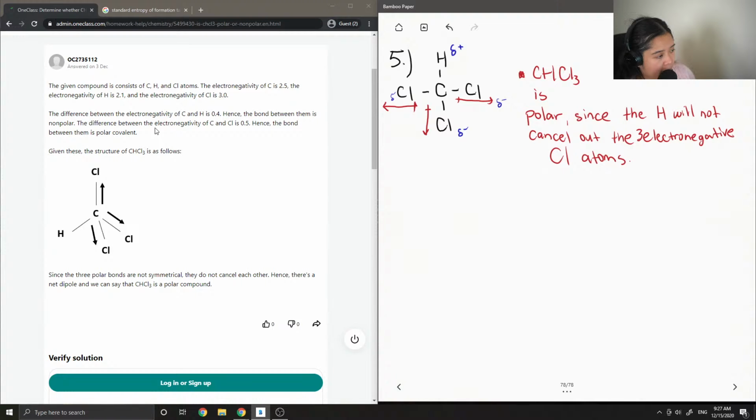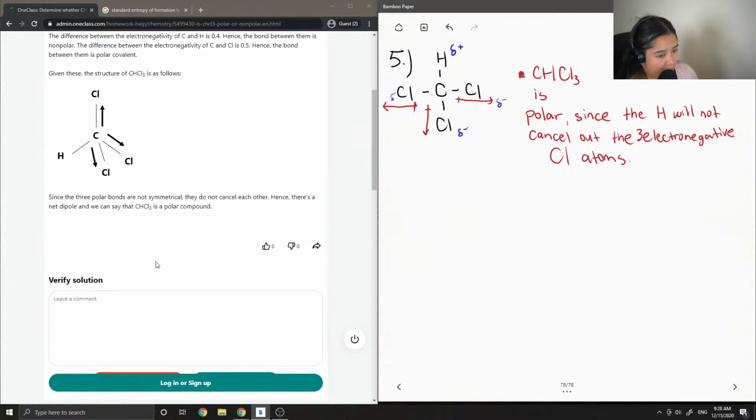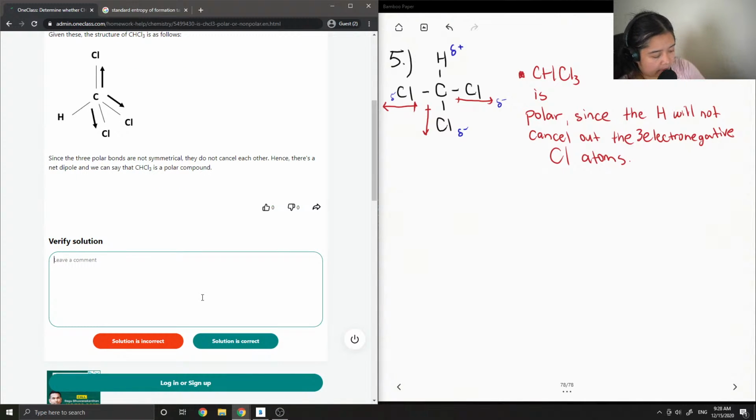The difference between the electronegativity of carbon and chlorine is 0.5, hence the bond between them is polar covalent. Given these, the structure is as follows. Since the 3 polar bonds are not symmetrical, they do not cancel each other, hence there's a net dipole, and we can say that CHCl3 is a polar compound. So this solution is correct.